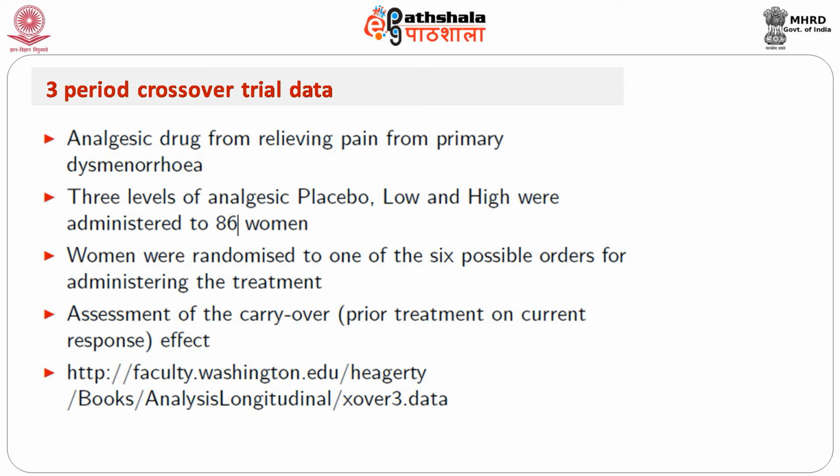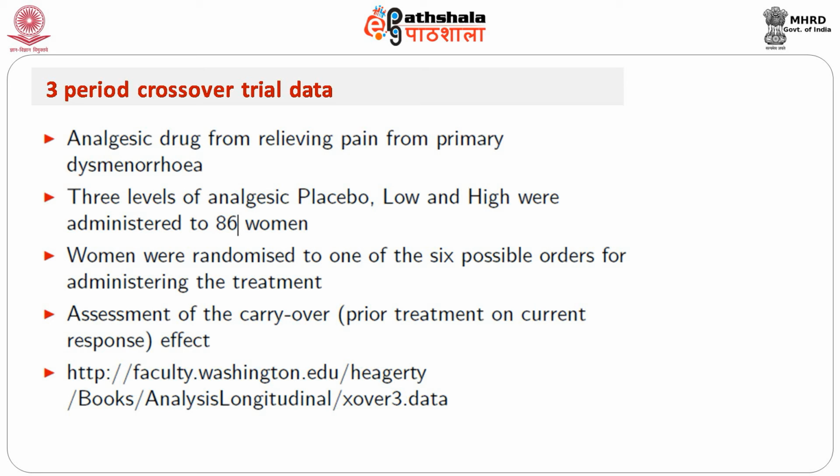Here the data comes from a study of the efficacy of an analgesic drug in relieving pain from primary dysmenorrhea. 3 levels of analgesic are used: one is placebo, one is low, and one is high level of analgesic. In placebo nothing is given, then a low level of analgesic is given and a high level of analgesic.